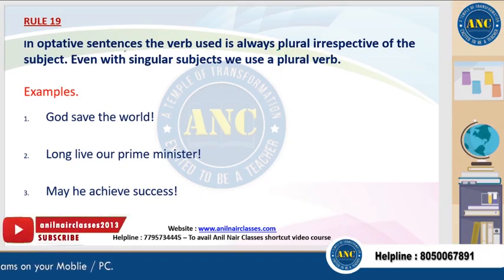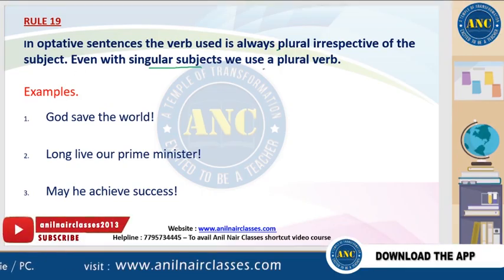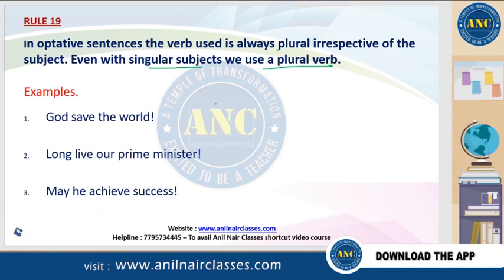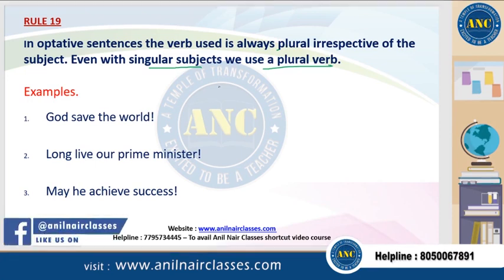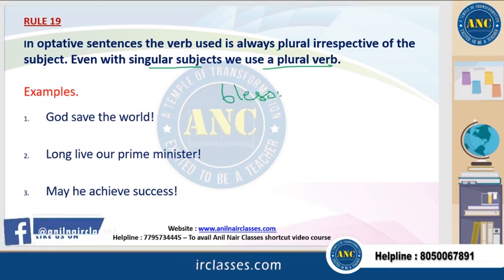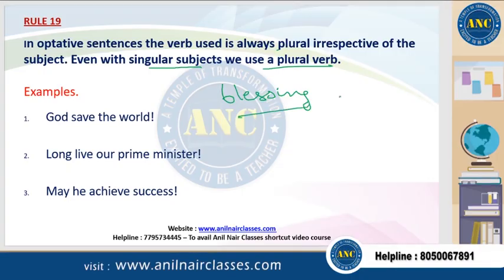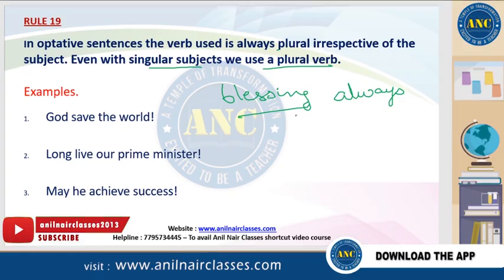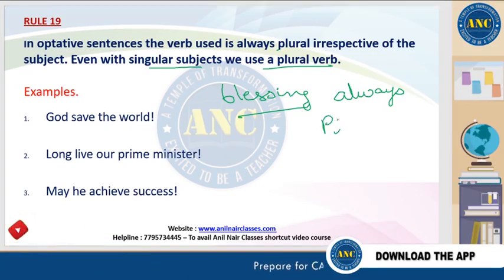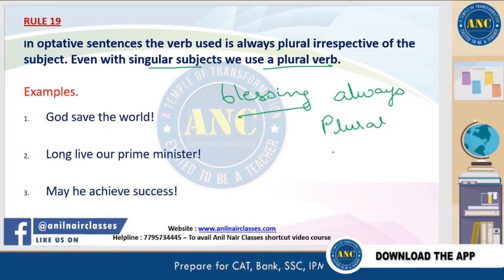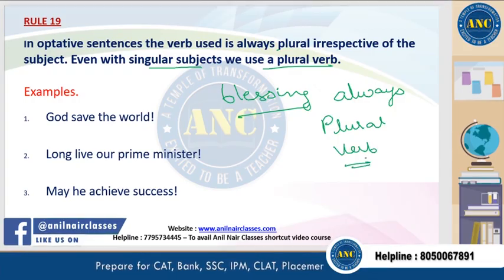Irrespective of the subject, even with a singular subject, the verb will be plural. That means when you are giving some blessings, always plural verb. The subject will always be plural because they always consider everybody. So we will not focus on the subject.